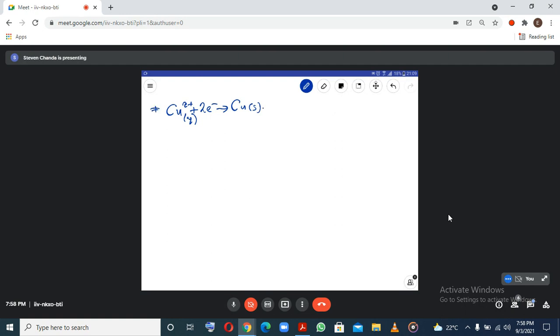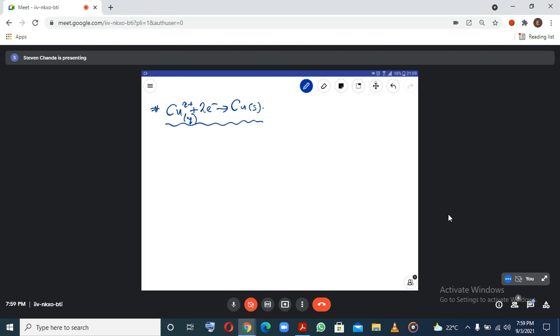I'm stressing on this because this is a very important point, in the sense that when we calculate the number of moles of electrons, we will use that equation to then determine, I hope you are following me, how many ions of copper have actually been converted.